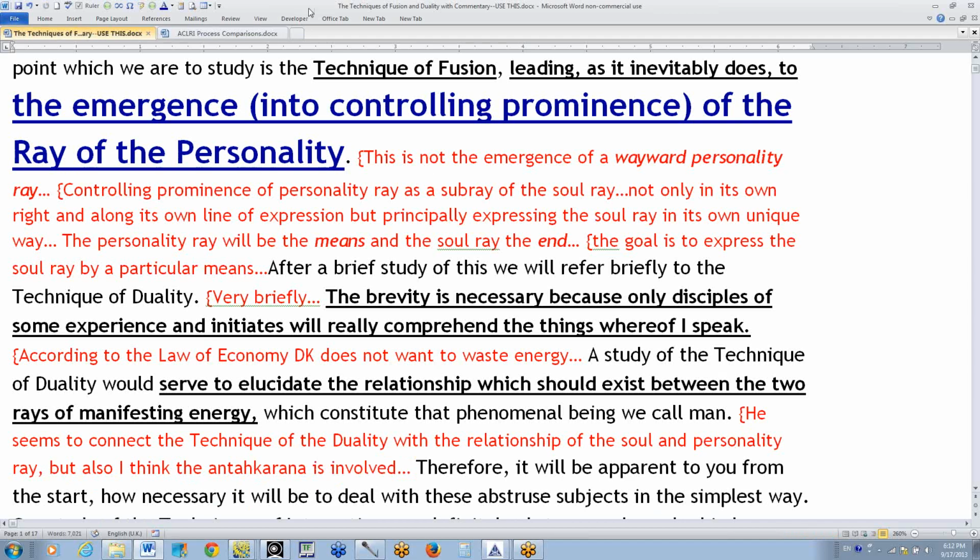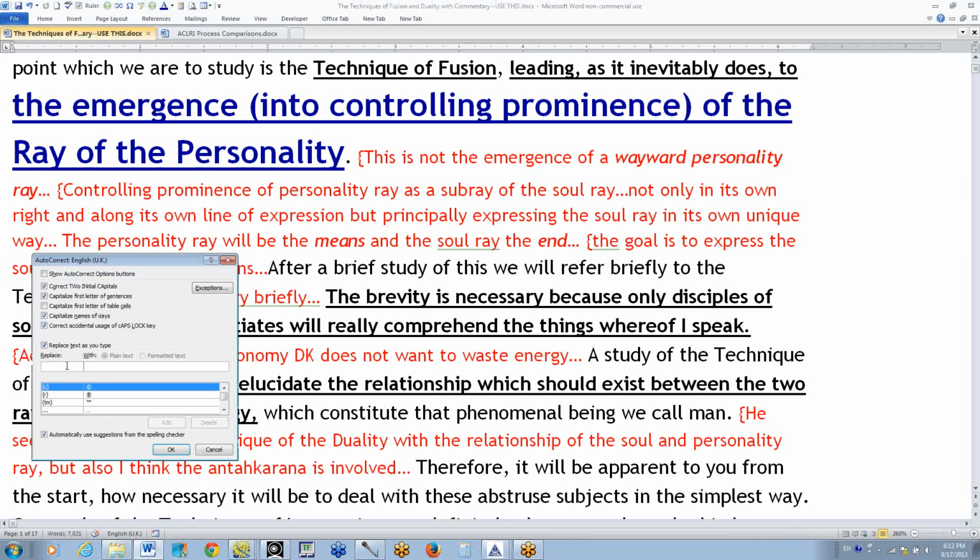Since we're going to be dealing with the technique of duality, we might as well make it one of our abbreviations. Maybe one day you'll like to do this too. I've been doing so many commentaries in the written or spoken form that it helps to have.